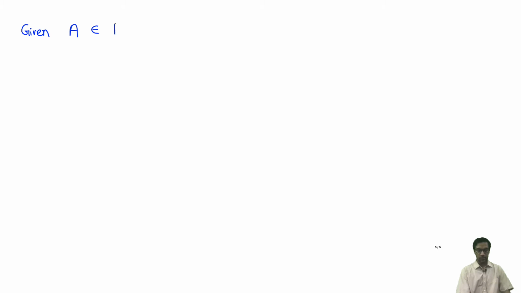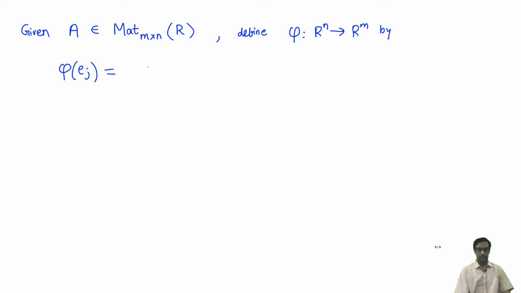It is an element of, let me use this notation, matrices m cross n whose entries are not necessarily in a field, but in the ring R. So given a matrix A, m cross n with entries in R, we define the homomorphism phi as before, using this matrix by saying that the value on ej is given by the scalars in the jth column: the sum of aij fi, i goes from 1 to m, and this is for all j between 1 and n.